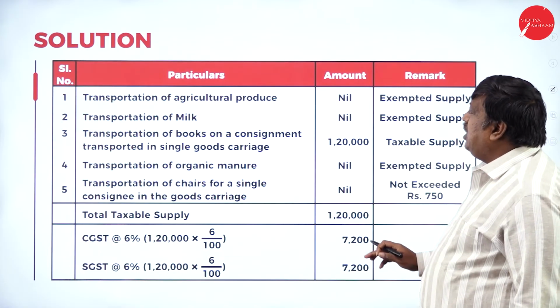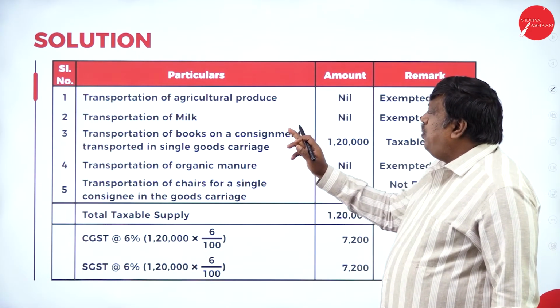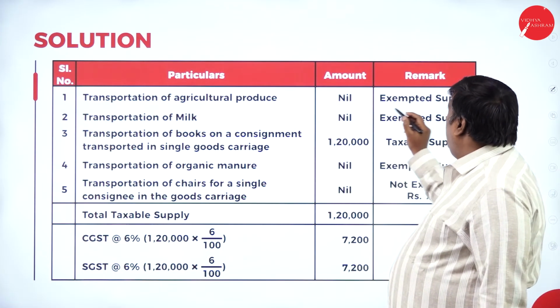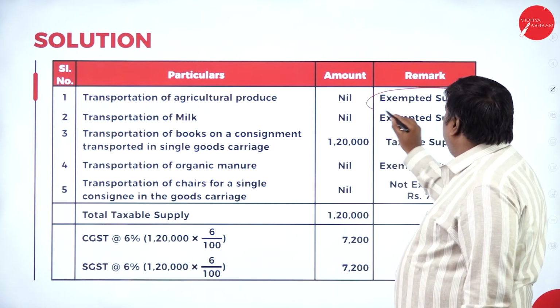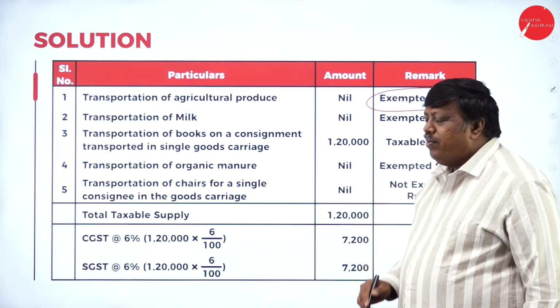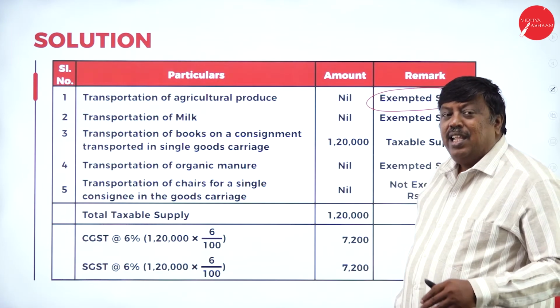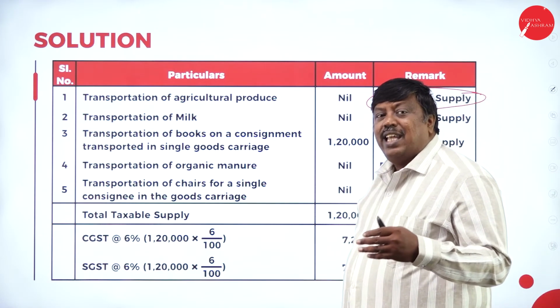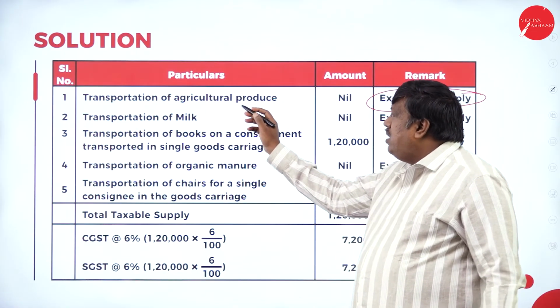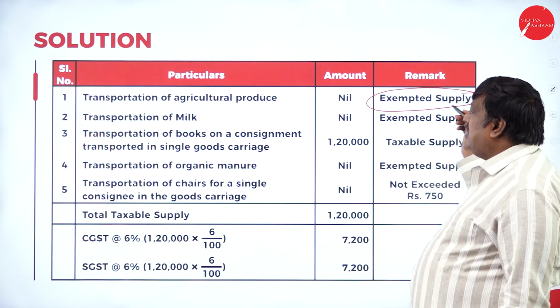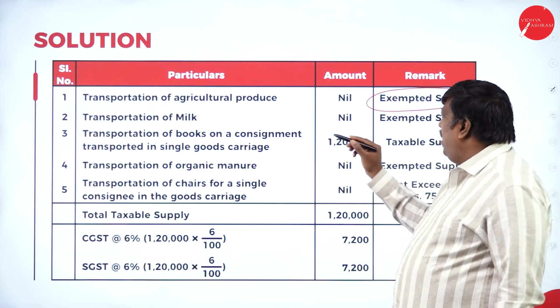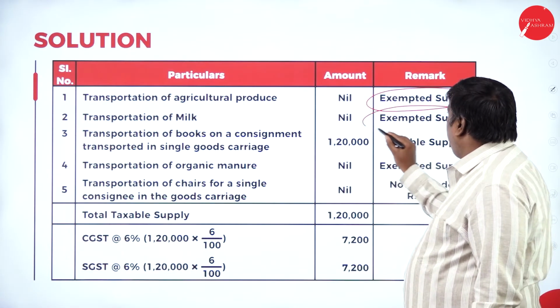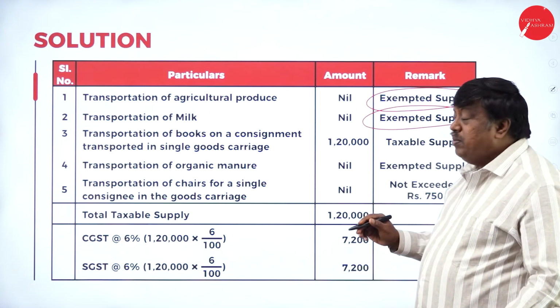So now in this one, any transportation of agricultural produce, the total is an exempted supply. So now keep in mind, even in income tax, the agricultural income was exempted. Here also agricultural produce, whatever it is, is an exempted supply. Even the transportation of milk is an exempted supply as per GST norms.